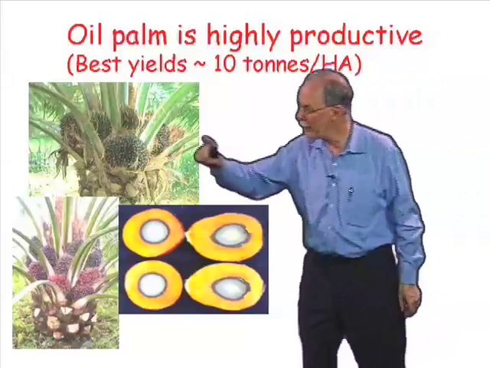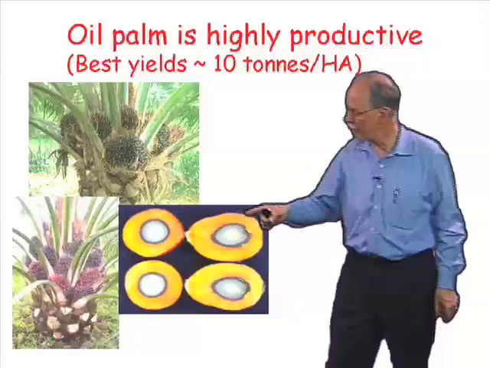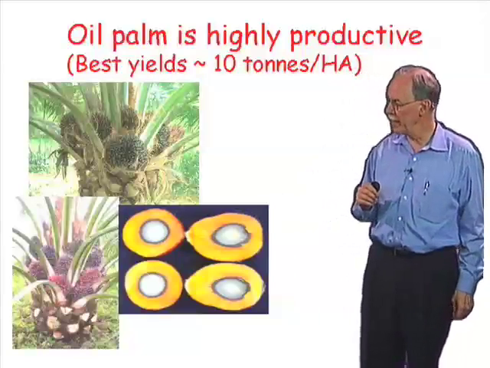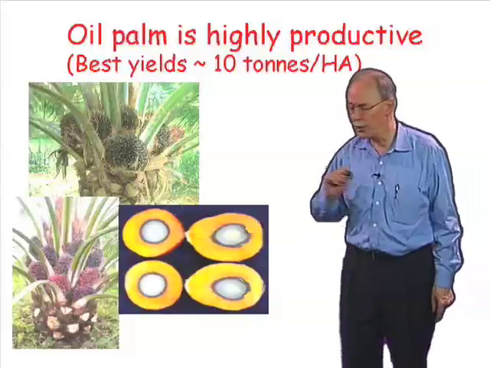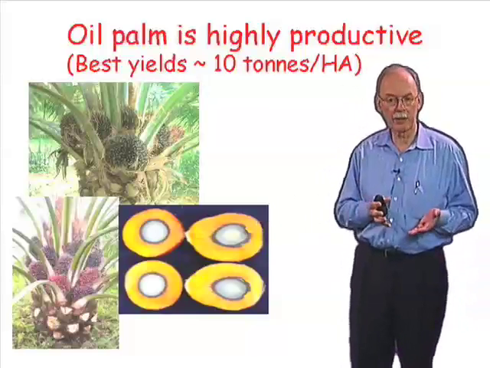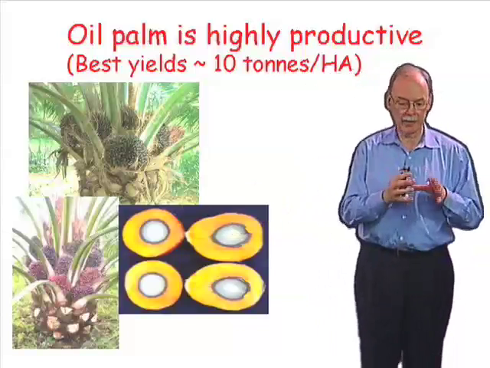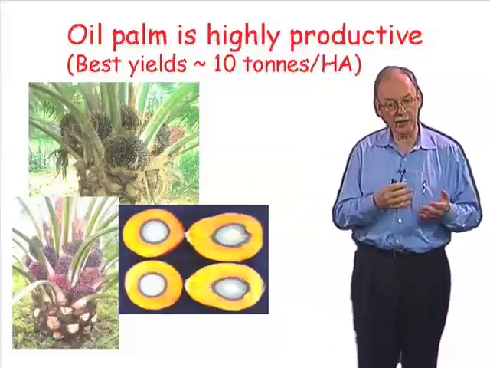You can see that up in the crown of the plant they have a fruit that's a lot like an avocado, and as with an avocado, the mesocarp tissue contains about 35% oil, and the kernel, this white region in the center, also contains a lot of oil.